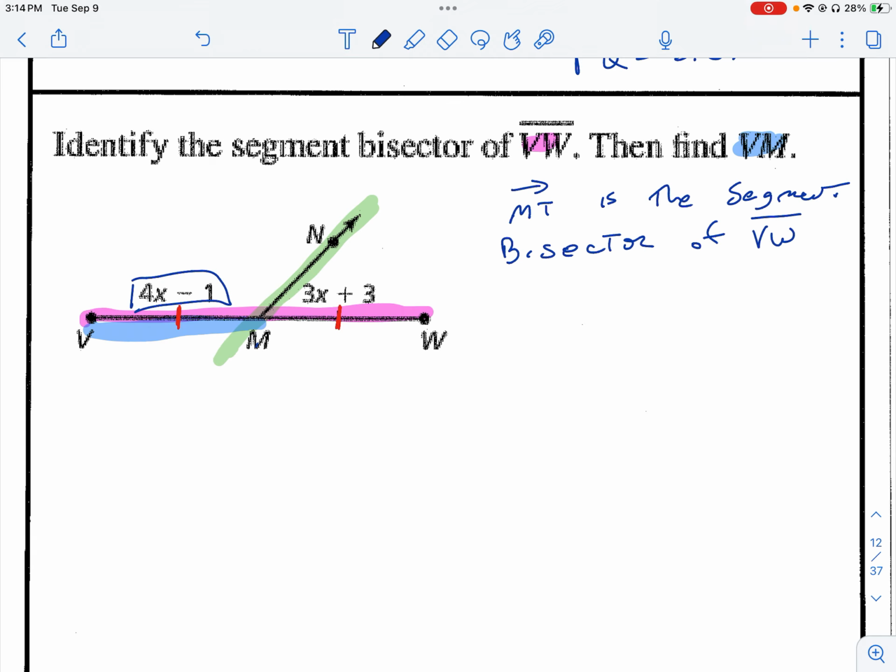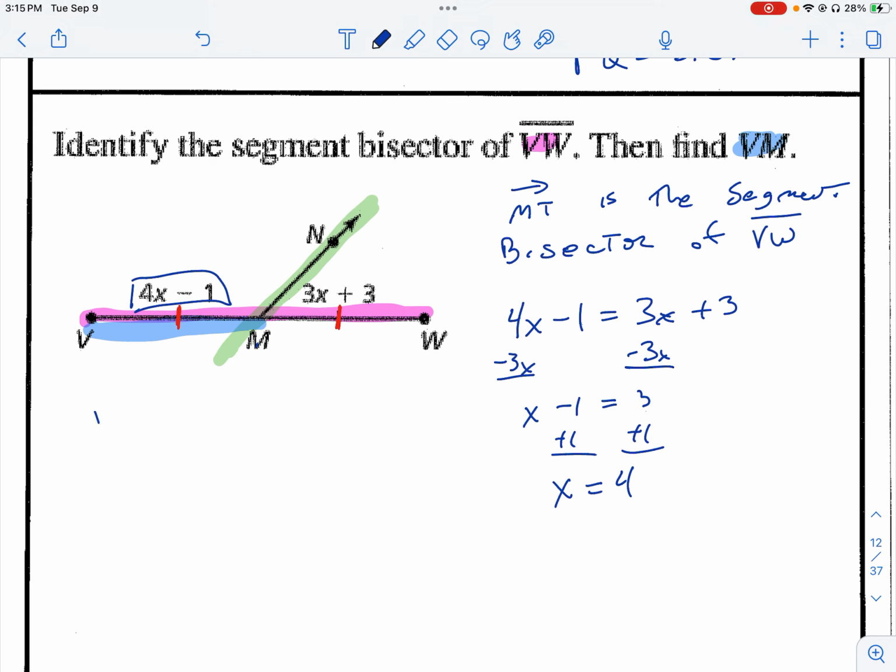Well, we know VM equals MW because they're congruent. So we can use that, and then we just have an algebra equation. We get our x's on the same side. So we get x minus 1 equals 3. So x equals 4.